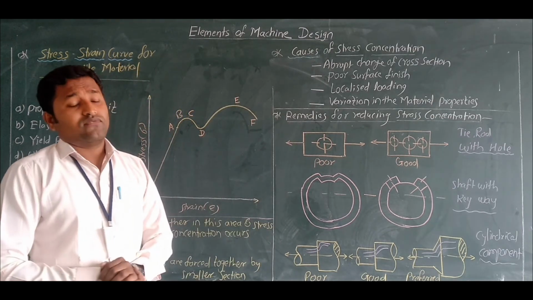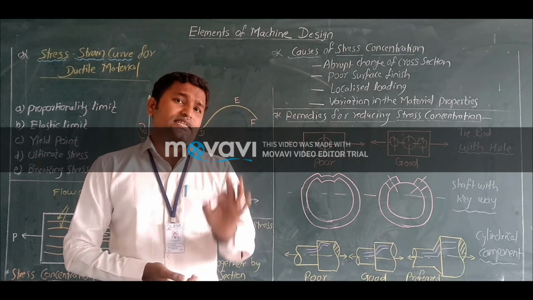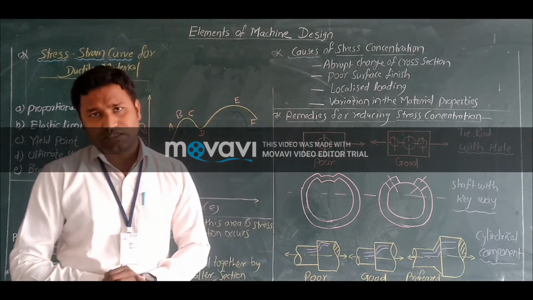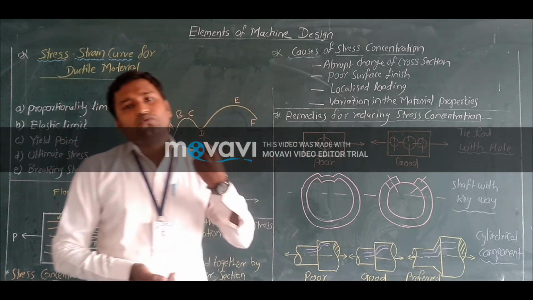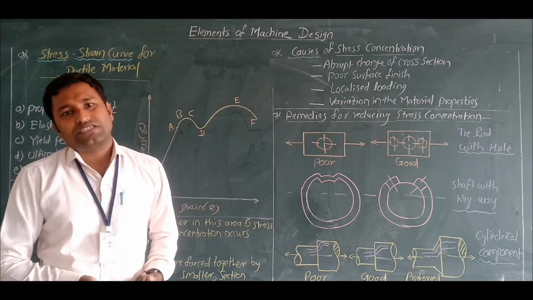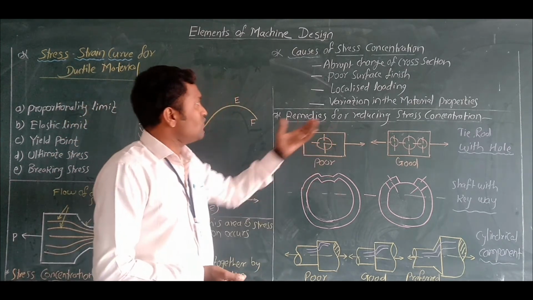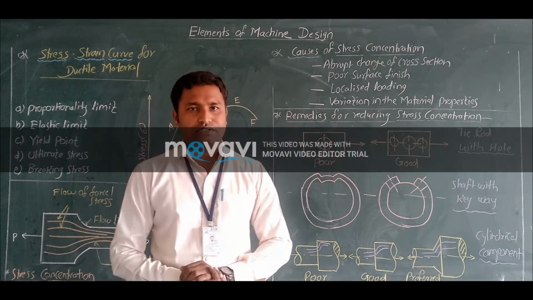While designing any type of component, the designer has to keep in mind all the mechanical properties of materials. He will know about strength, ductility, plasticity, toughness, and hardness, so that these points are taken into consideration while designing any component.